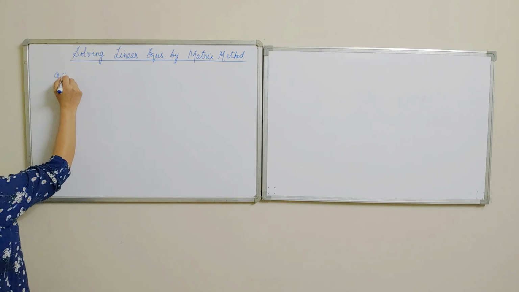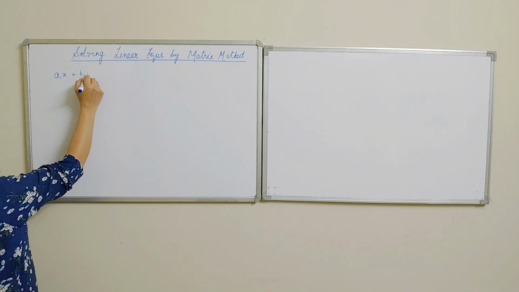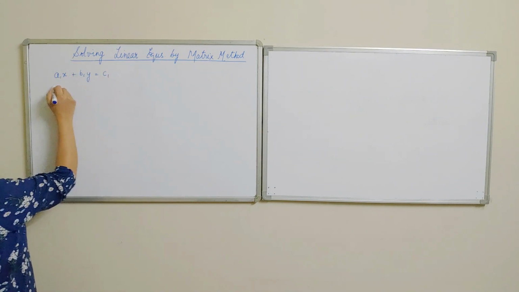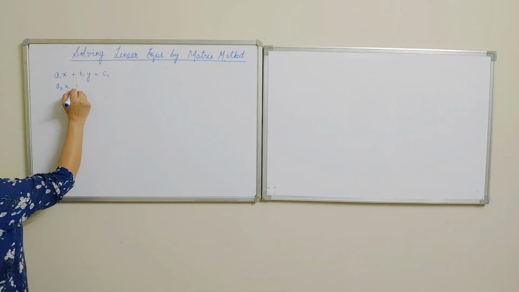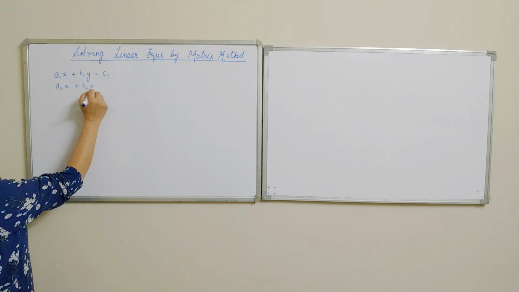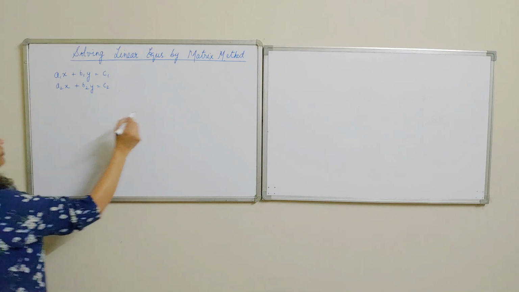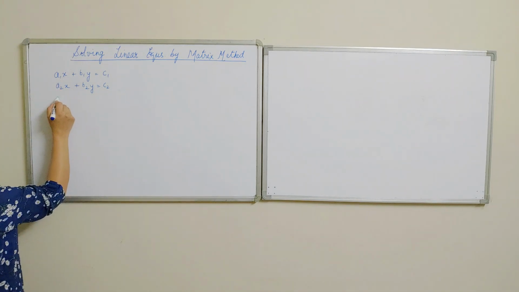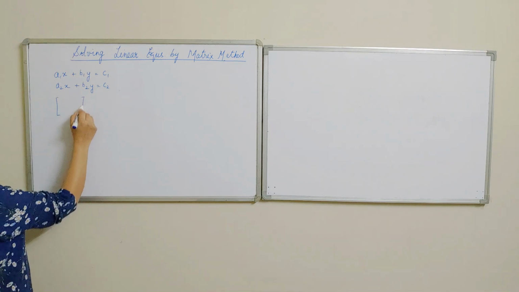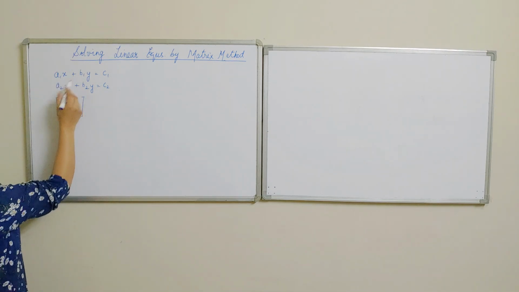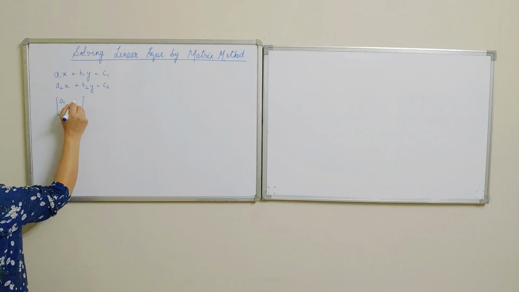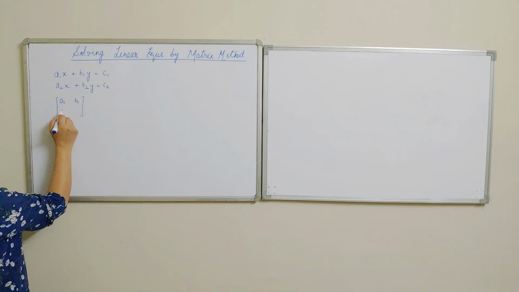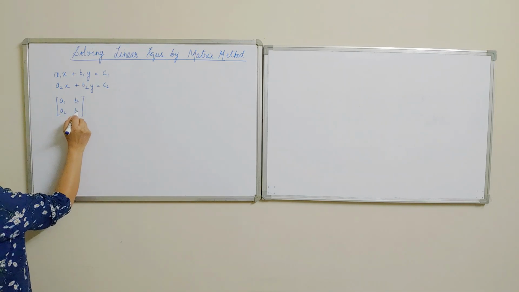Suppose we have linear equations in 2 variables expressed in this form. Since we are using the matrix method, we'll convert this into a matrix equation where in the first matrix we write down the coefficients of x and y of both the equations.